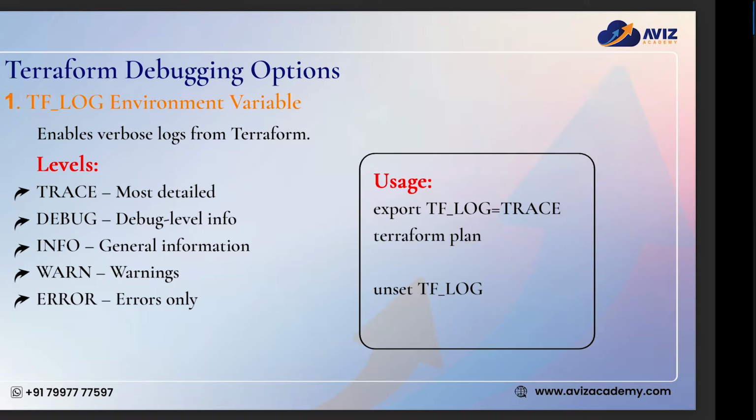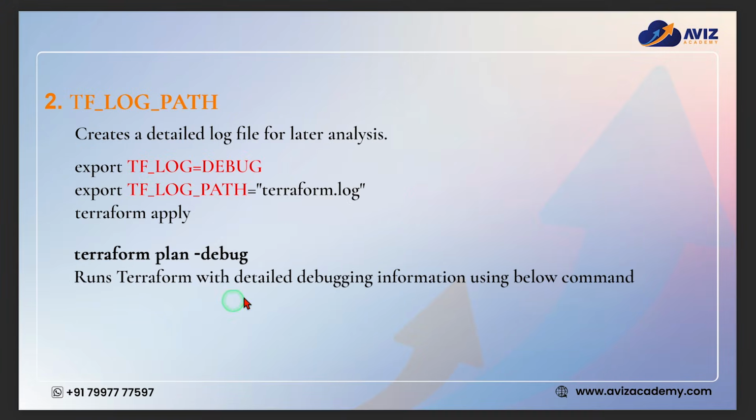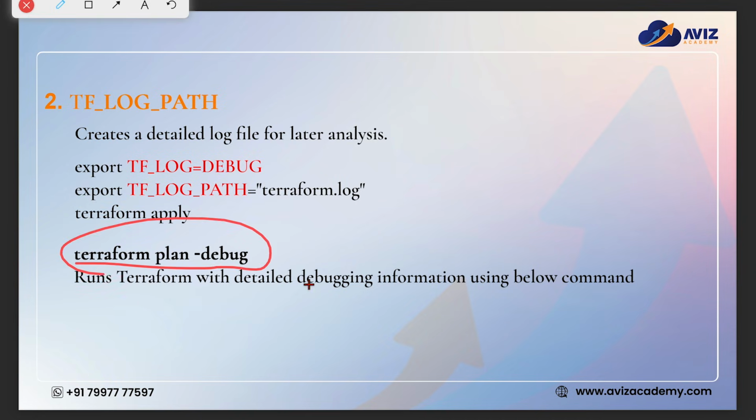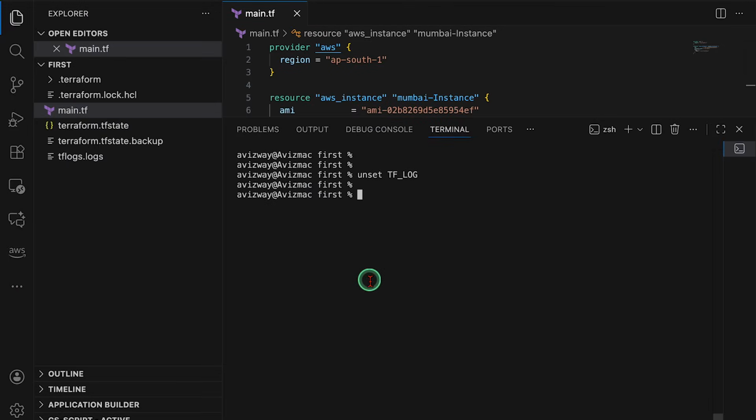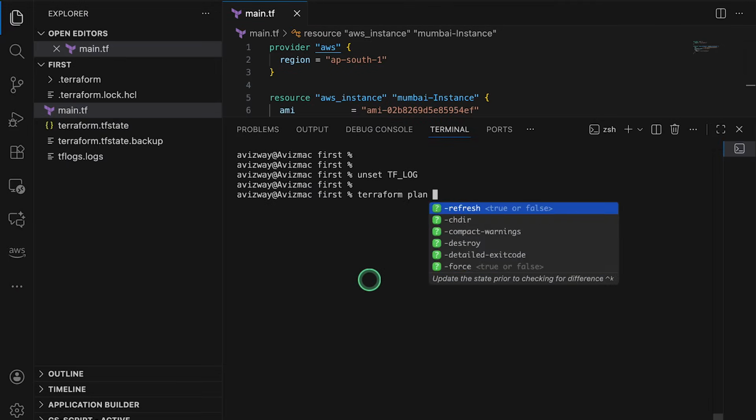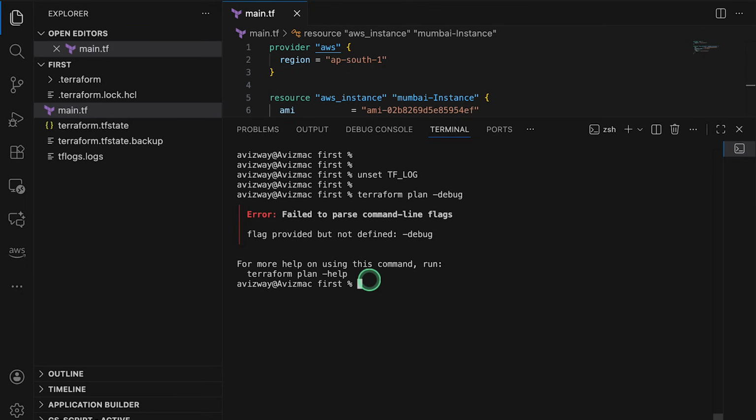All right, then we have one option before closing this video. We have something called terraform plan debug. Just like I mentioned in the AWS video, in Terraform as well we have this debug. We can use this debug option to see the detailed debug information. So terraform plan debug.